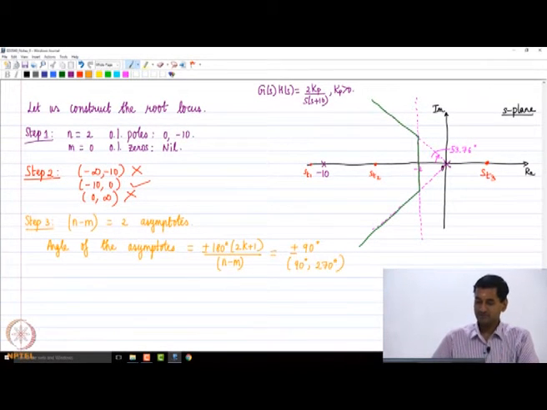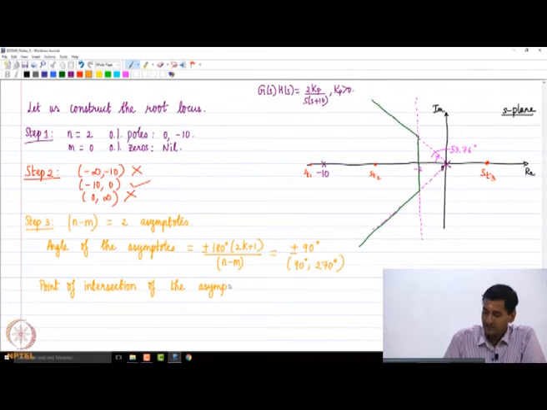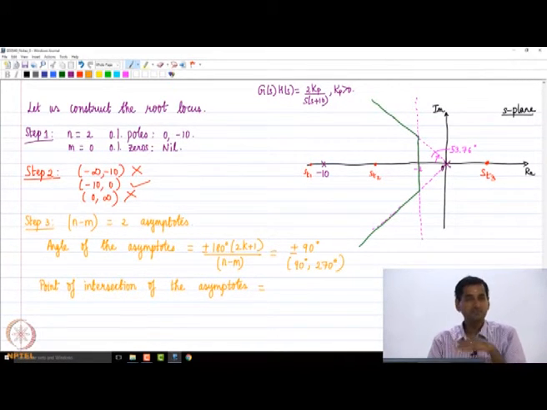Not only the angle, but also the point of intersection of the asymptotes is something which we need to calculate. The point of intersection of the asymptotes is going to be the sum of open loop poles minus the sum of open loop zeros divided by n minus m.